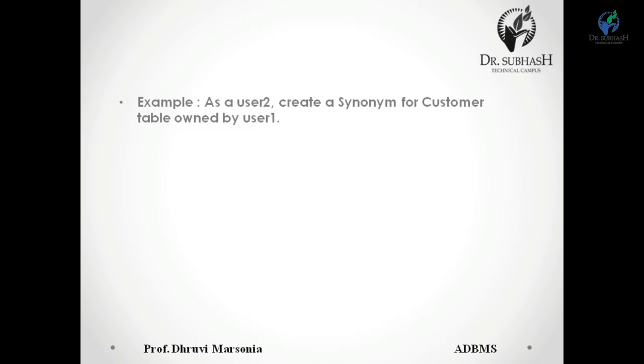Let us see the example. As user 2, create a synonym for the customer table owned by user 1. So CREATE SYNONYM cust FOR user1.customer. Here user1.customer is the actual or original table name and cust is the synonym.